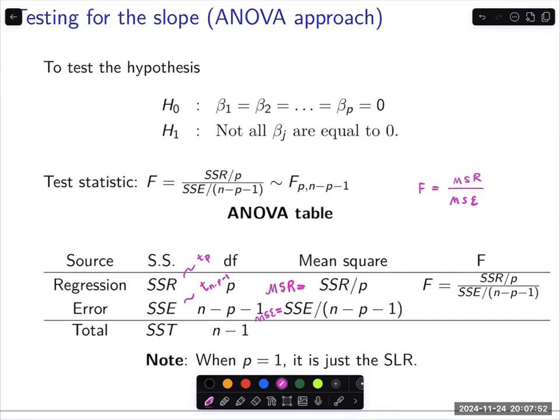We can also use R square to describe the model fitting, which we previously learned is 1 minus SSE divided by SST. The larger the R square is, the better the model fits. Or we can also write it as SSR over SST, and this ranges from 0 to 1.